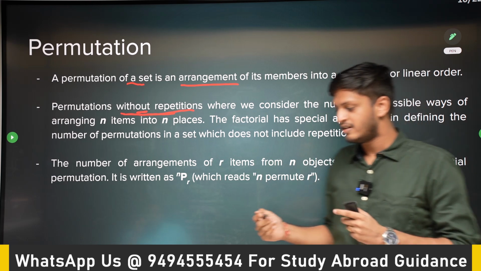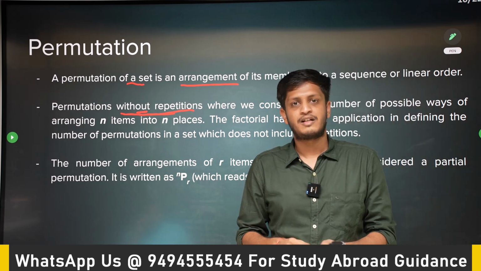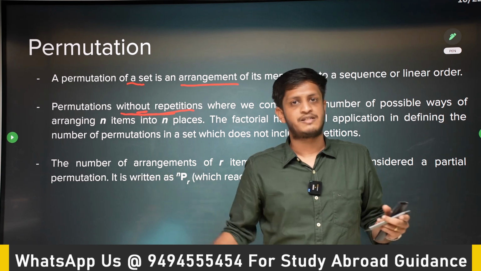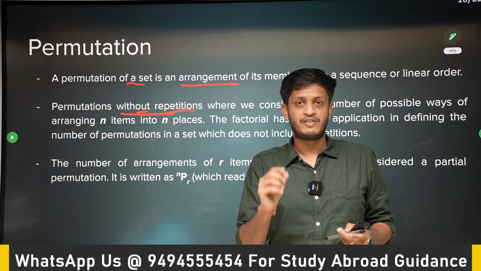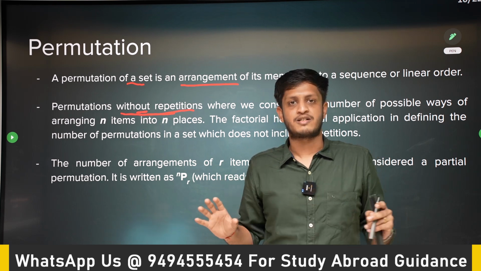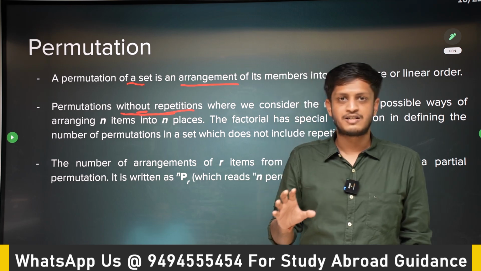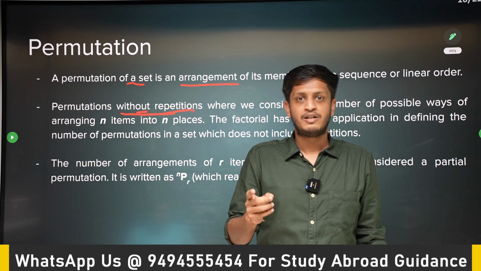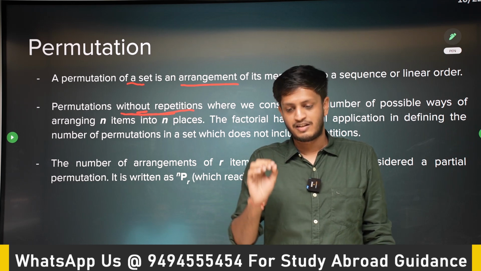What do I mean by repetition? Generally these problems, how will they go? You have to, let's say, arrange n objects in r places, but you have to see very carefully. By default, if nothing is mentioned, you can assume without repetition. If nothing is mentioned, you cannot repeat. If repetition is allowed, they will mention it specifically.